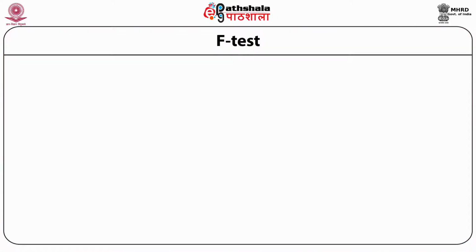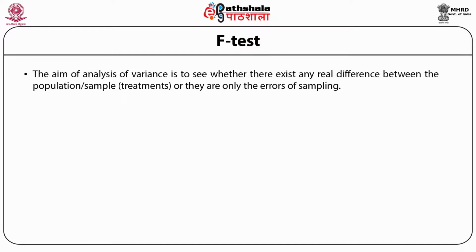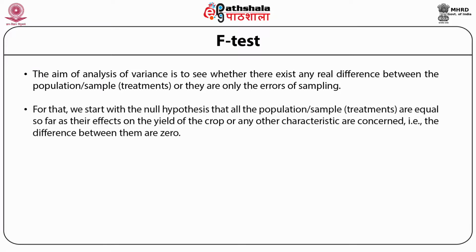What is F-test? The aim of analysis of variance is to see whether there exists any real difference between the populations or the treatments, or whether they are only the errors of sampling. For that, we start with the null hypothesis that all the populations, treatments or samples are equal as far as their effects on the yield of the crop or any other characteristic is concerned.